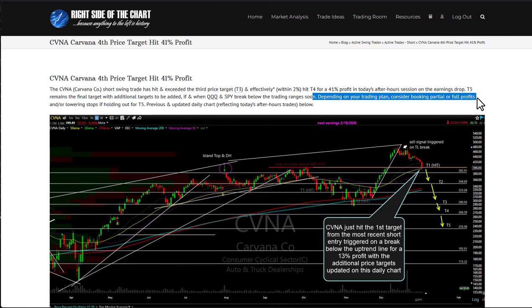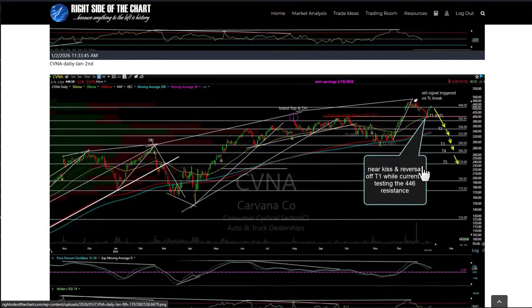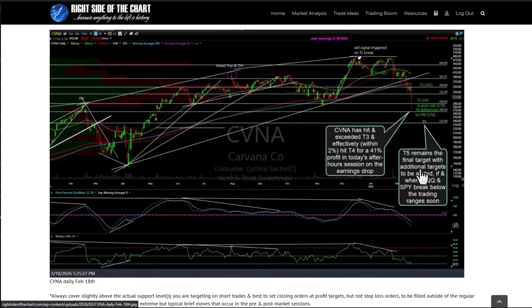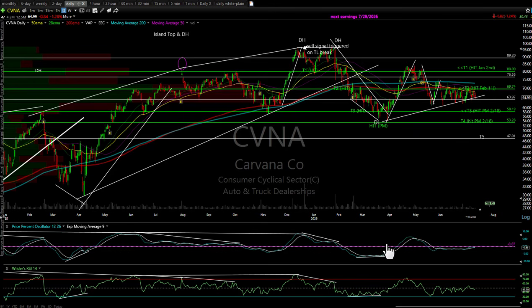Yep, just said consider booking partial portfolio, or lowering stops if you're holding out for T5. So that's it. I may not even have recognized the divergence back then. I drew it in after. We hit it right there, and then the divergence set up right after on that second low, second run down to it.